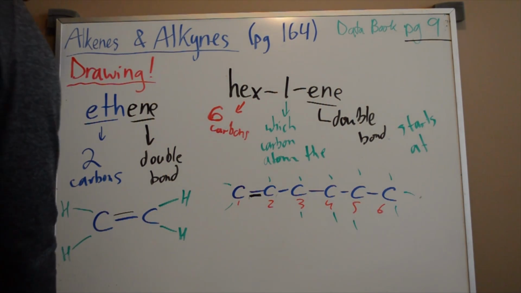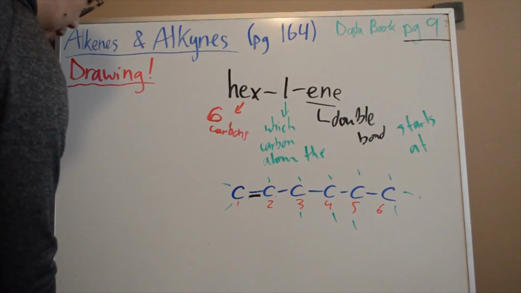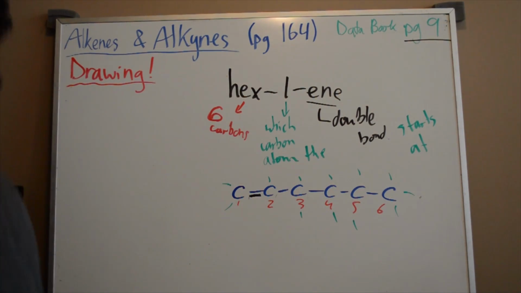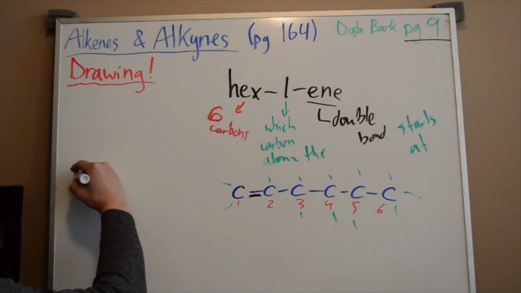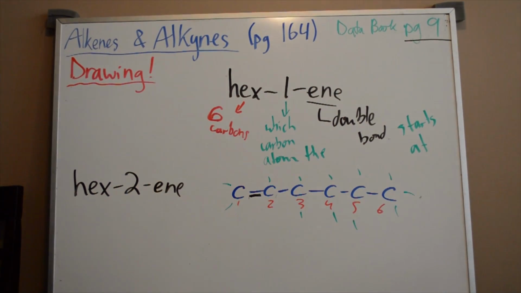Now, what if we were to juxtapose this with hex 2-ene? What if we did hex 2-ene over here? What would hex 2-ene look like? Well, it would look incredibly similar to this.